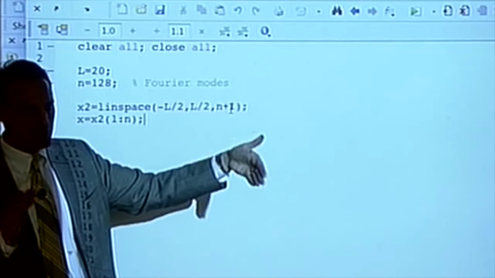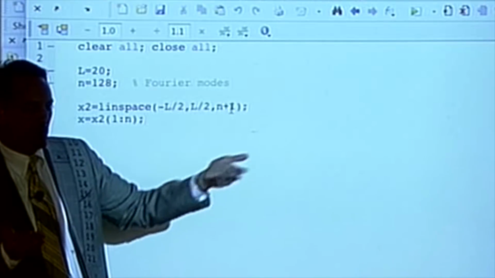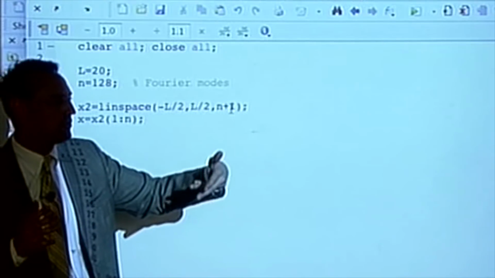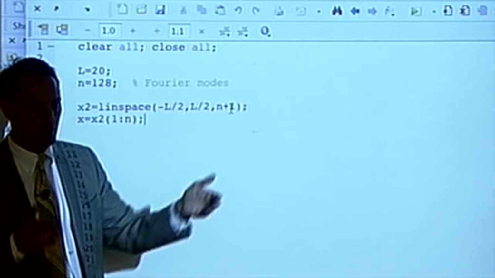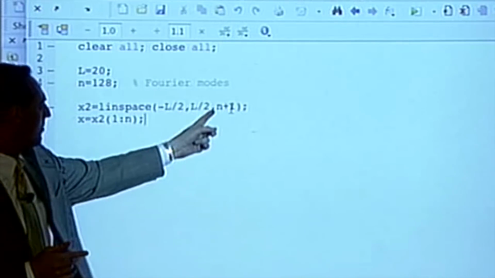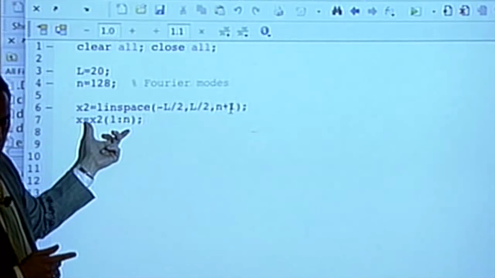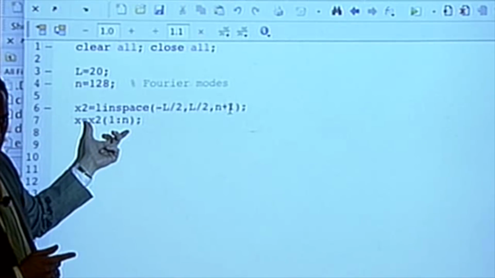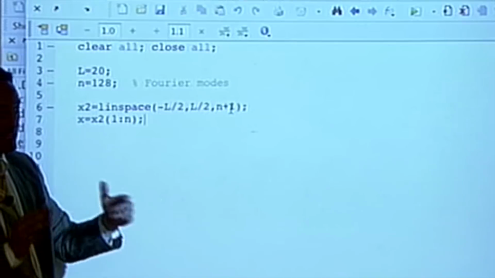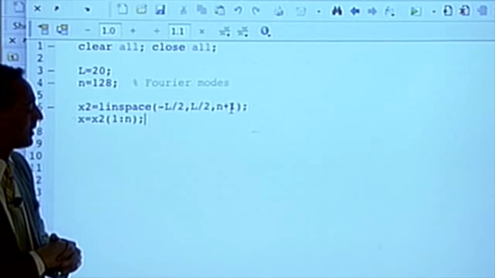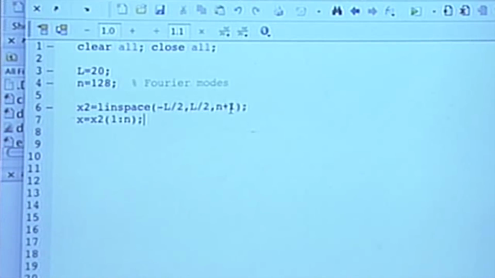There's a total of 129 points, but since the last is the same as the first, you take it out of your calculation. If you have the first point, you know what the last point is. I'm interested in the first 128, the things I want to calculate. In some sense, you're already setting this up to handle the periodic boundary conditions. That's our domain.